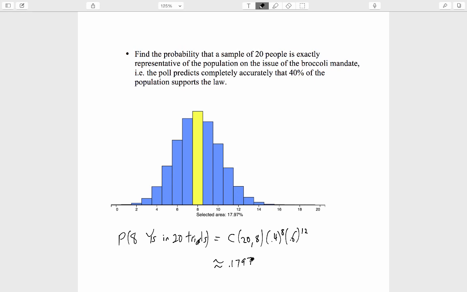It is harder to get a perfectly representative sample when you ask more people, and that agrees with what we found earlier in the course about the probability of getting exactly half heads, exactly half tails when you flip a fair coin a certain number of times.